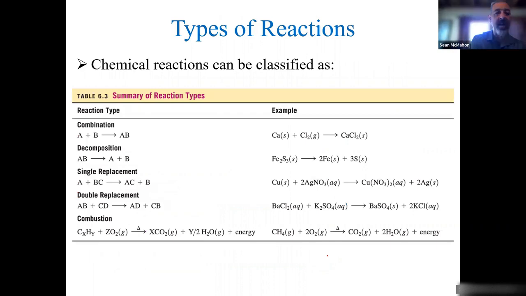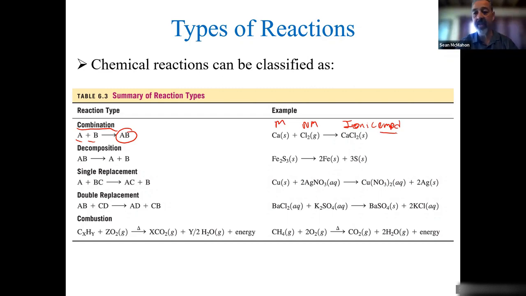So here's an example of the combination or synthesis. You have 2 reactants forming 1 product, okay? So in this example, they take a metal and a non-metal, and what are they going to combine to produce? An ionic compound. Now that's the easiest of all the combinations. Why?